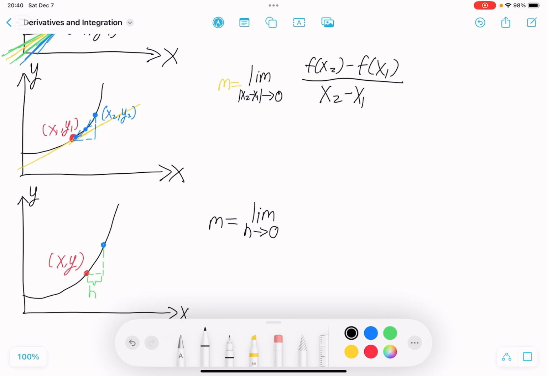So as the distance between the two points becomes smaller and smaller, f of x minus h, so the x coordinate minus that distance, minus f of x, over h, or you can say over x minus h, which is this thing, minus x, which basically sums up to negative h.